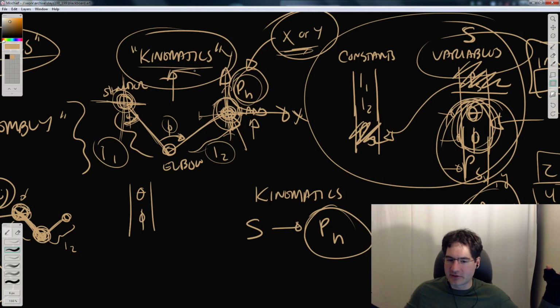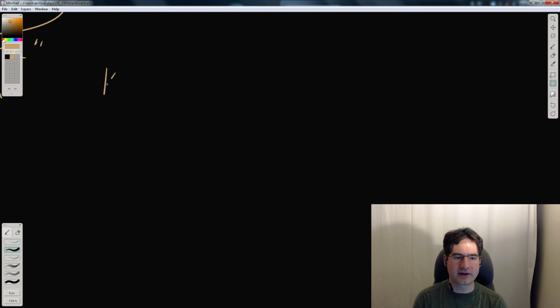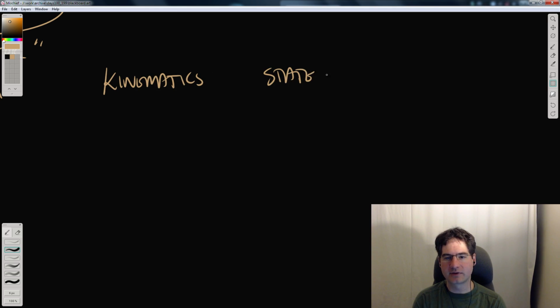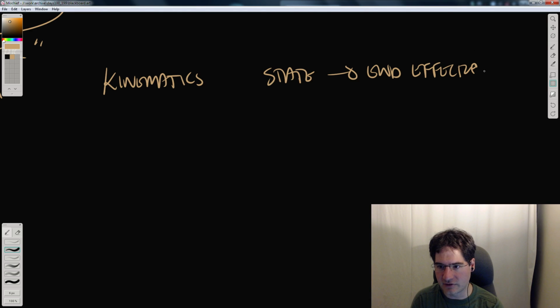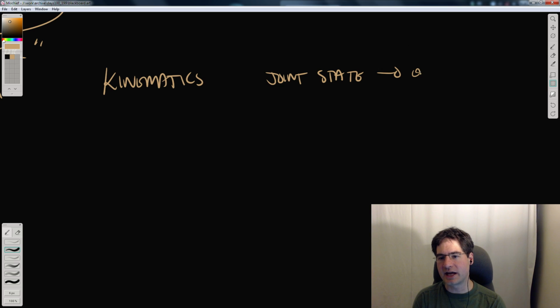So what's inverse kinematics? Well, inverse kinematics is exactly what it sounds like. If kinematics is taking a state vector and producing an end effector position, let's put it this way: if it takes a joint state and goes to an end effector state, right?